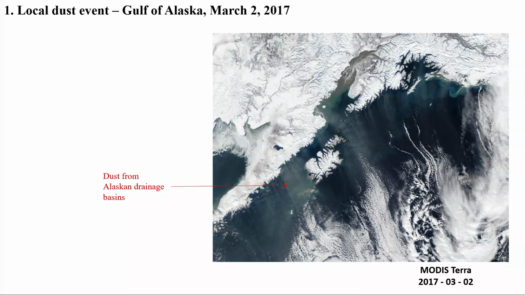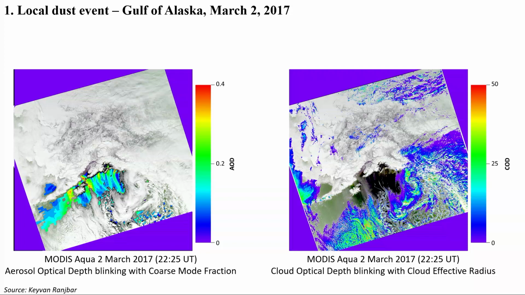Event level remote sensing of aerosol cloud interactions. This is southern Alaska and the Gulf of Alaska, and what you see streaming off the land is drainage basin, river basin erosion of dust, and it looks like it's forming cloud particles halfway over the Gulf. That same image was a MODIS image, and there are products associated with that.